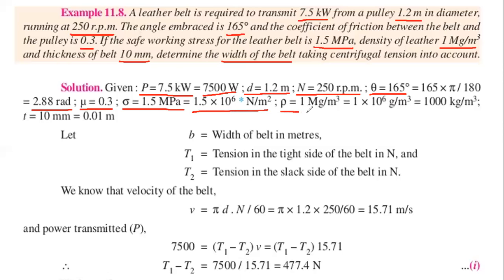The density is given as 1 megagram per meter cube. By converting it into gram per meter cube, it is 1 into 10 power 6. Or we can convert it into kg also, that is 1000 kg per meter cube.